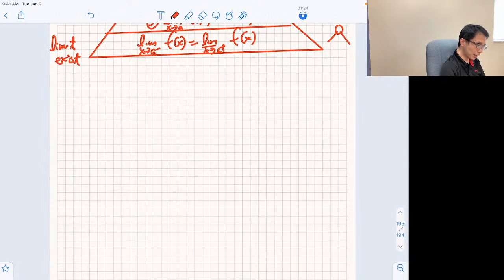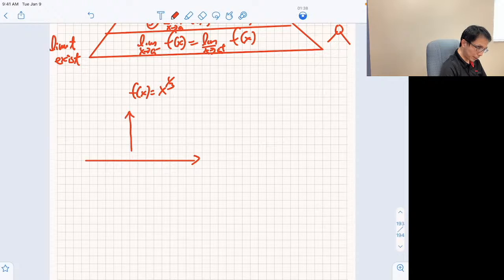Okay, last one is a function like this: f of x equals x to the 1/3. Most of you don't remember what x to the 1/3 looks like, so I'm going to review it again. f of x equals square root of x looks like this, like an eyebrow.